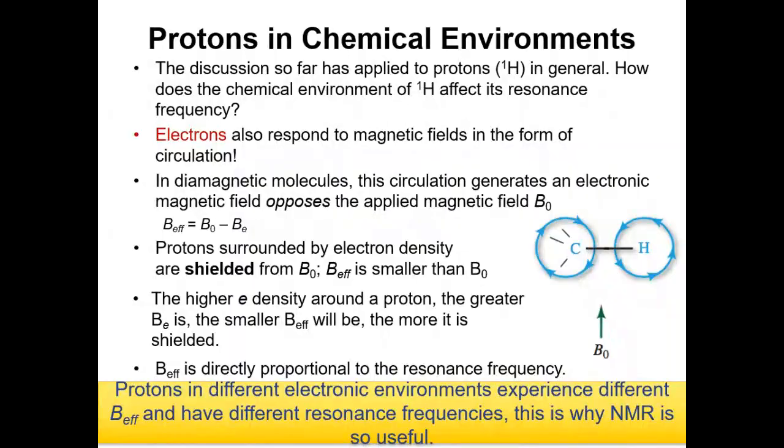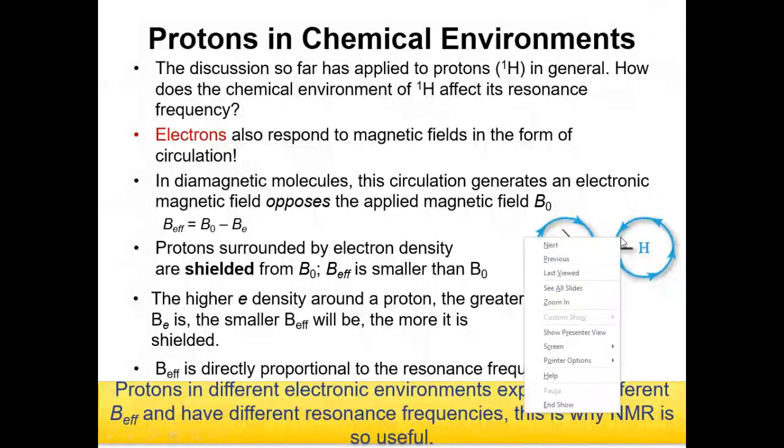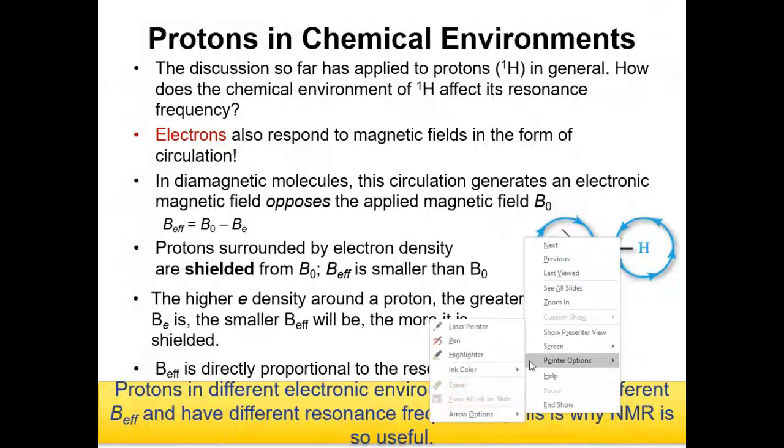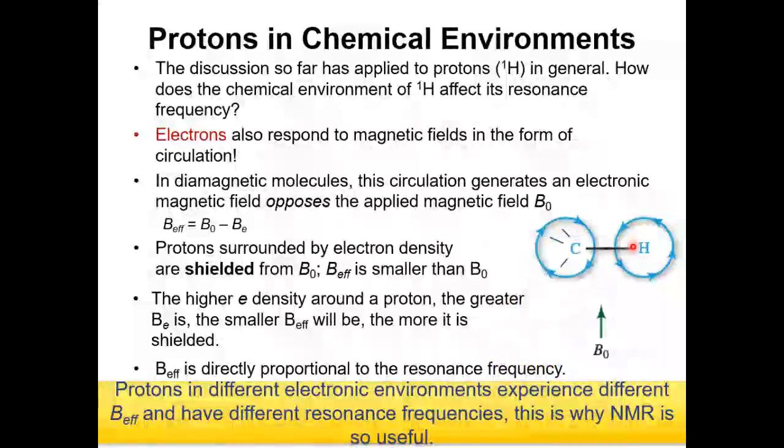So think about it. Look at this hydrogen atom. It's not an isolated hydrogen nucleus. It's a hydrogen atom, which, in addition to the nucleus, has electrons around it.